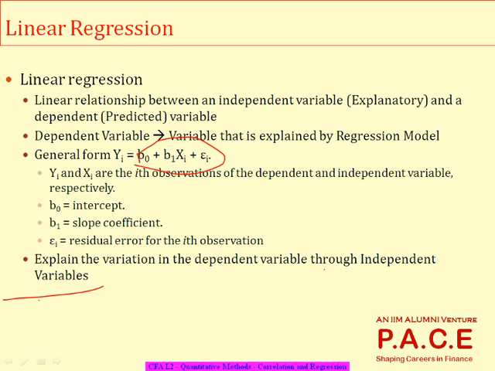So instead of y1, y2, y3, all observations, y average, which we have already computed, is equal to b naught plus b1 times x average, where b1 we know now. So the only unknown is b naught.